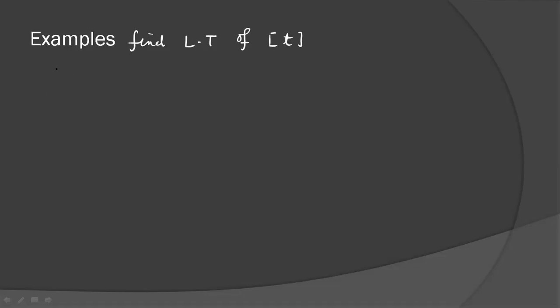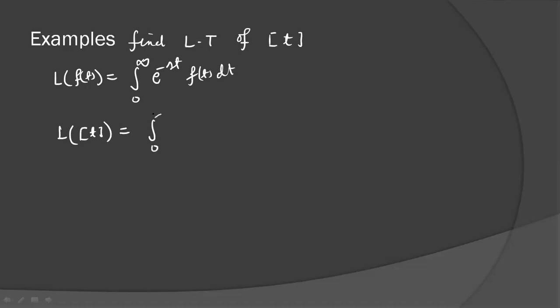Now, what is the Laplace of any function? Laplace of any function is the integral from 0 to infinity of e to the power minus st ft dt. Laplace of greatest integer t will be the integral from 0 to infinity of e to the power minus st greatest integer t dt.